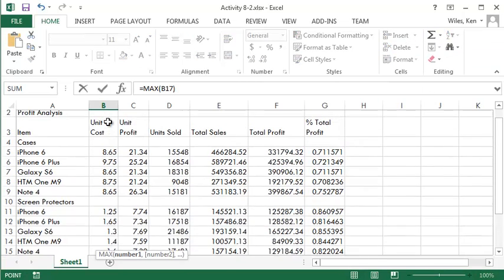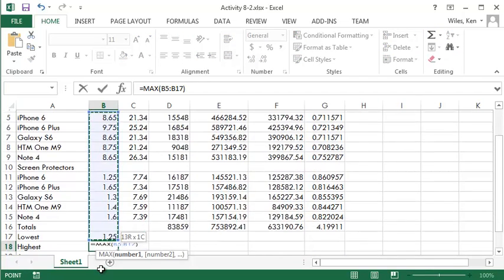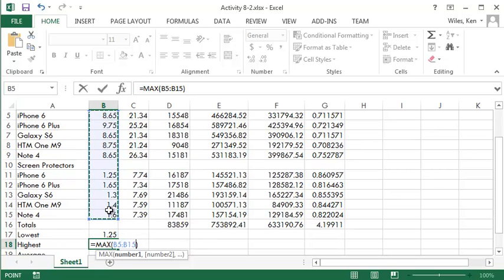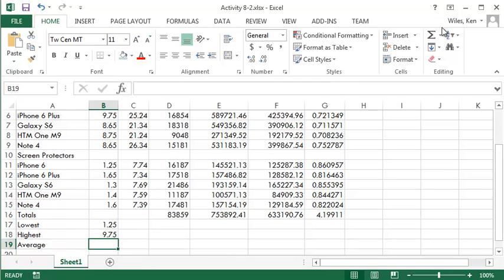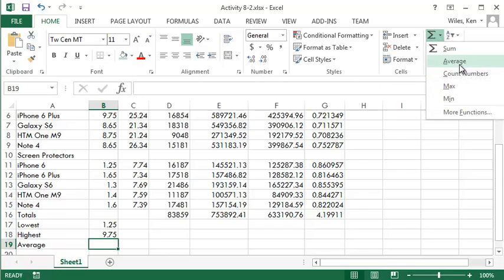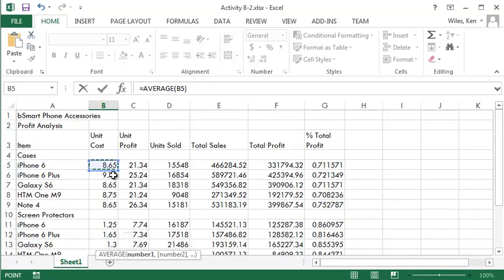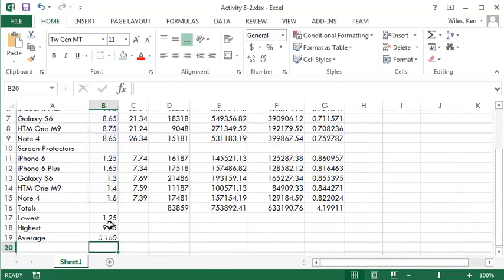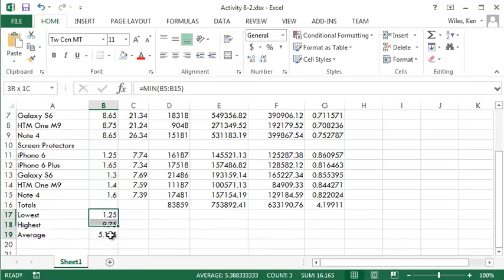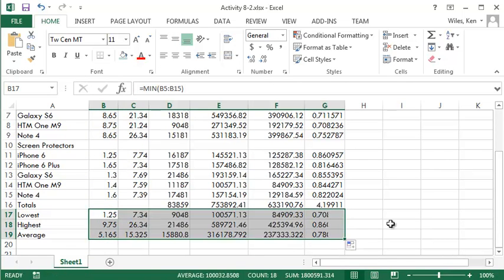Same thing. Highlight B5 through B15. And finally average, which is going to be the same range. So I'm going to come over here and do average. And B5 to B15, and then using our handy little fill tool, highlight those, drag across, and there we go.